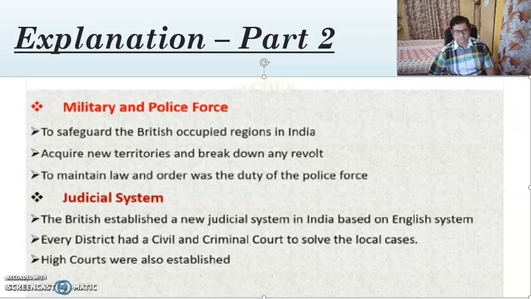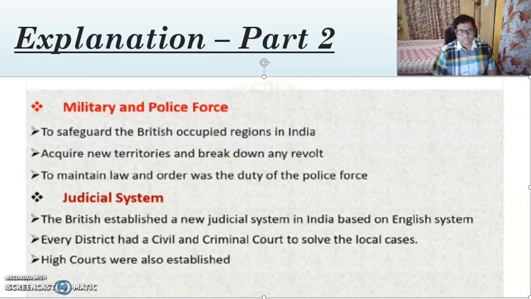High courts were also established because if the people were not satisfied with the judgment of these courts, they could appeal in the High Court. The same system is still followed, and today we have the Supreme Court in India, and if someone is not satisfied with the judgment of High Courts, they can go to the Supreme Court.